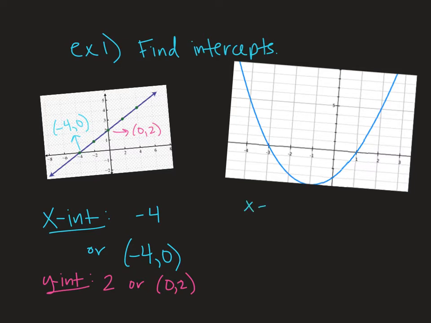So our x-intercepts are where y is 0, -3, and 1. Now I'm not going to put parentheses around that because it's not a coordinate point. I'm simply listing two x-intercepts, so just be careful. And then we only have one y-intercept, and that's down at -3.